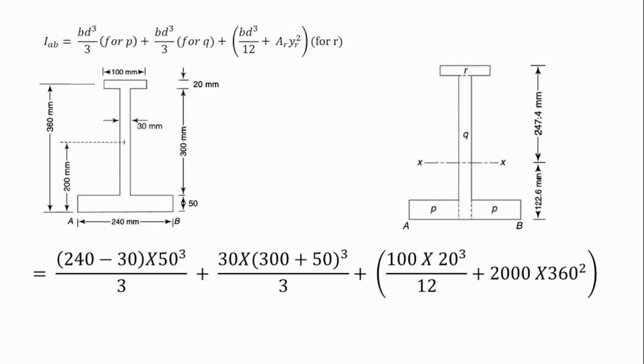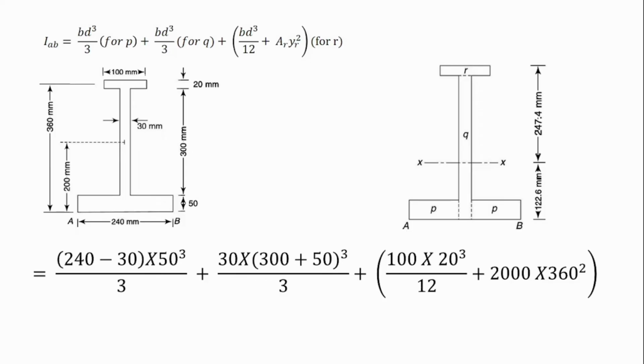And then A, I've calculated A for R before as 100 times 20, which is 2000, times 360 squared. I've calculated this one before. It is from the ground to the center of R. That's the distance between R and the axis we are using. So if you simplify this, we arrive at 696.77 times 10 raised to 6 millimeter raised to power 4.